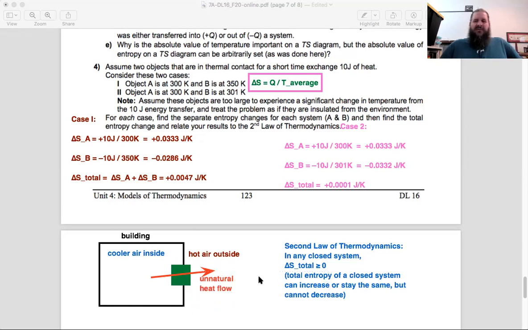But what's going to happen to entropy as a result of that? If you make heat flow from the cold region to the hot region, what would actually happen to entropy? Would it decrease? Well, let's take a look at it for each one individually. The inside of the building: is heat entering or leaving? It's leaving. Right. And if heat is leaving, what happens to entropy?